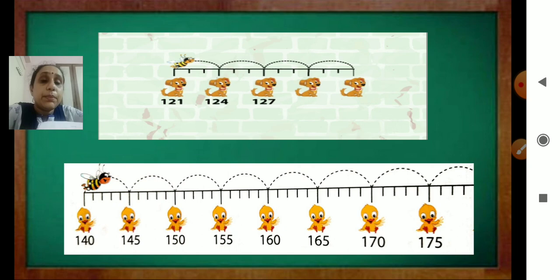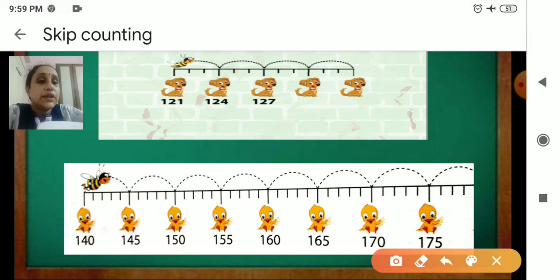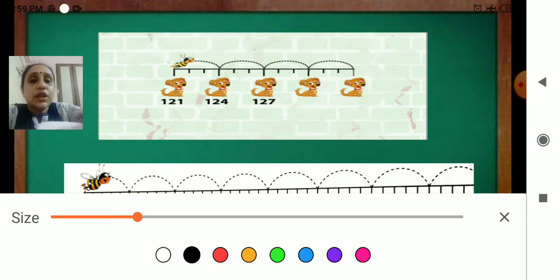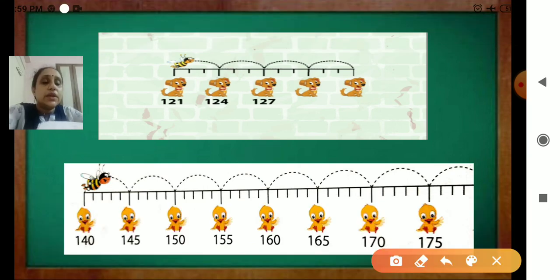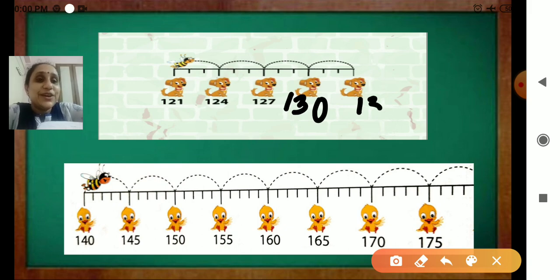So it is skip count of 3's. Okay. So after 127 we will write together. 127, what will you get? 128, 129, 130. And after 130 what will you get? 133. Okay? Clear?